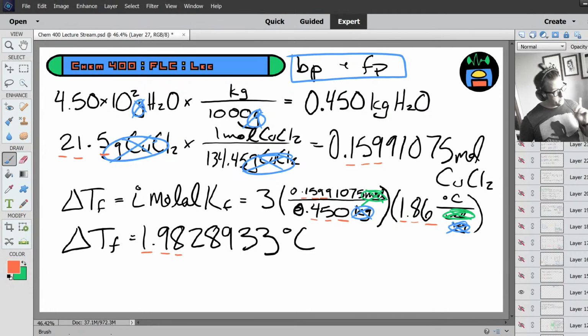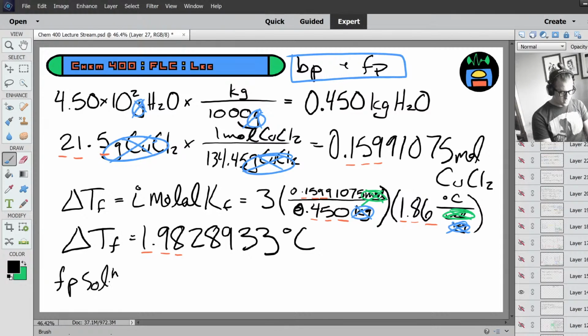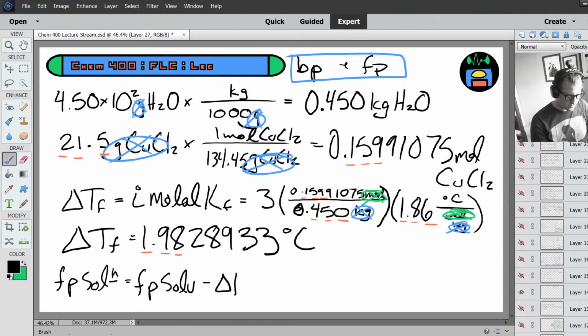Now, it's important to remember that this is just our change in freezing point, that the freezing point of the solution is equal to the freezing point of our solvent minus our change in freezing point.